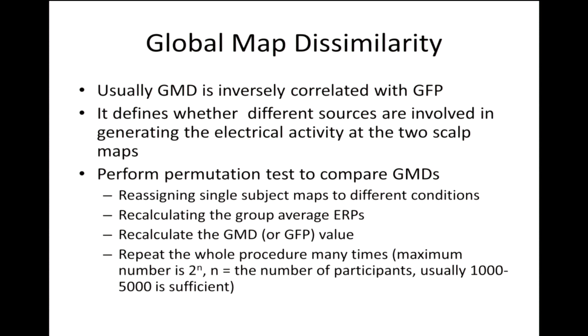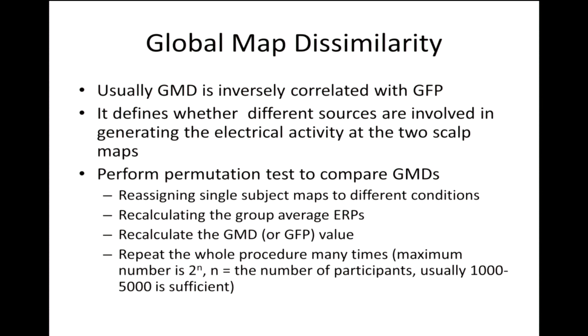You also have your actual raw data. What is the actual GFP difference or GMD difference for your raw data, and then you simply calculate the exact probability. You have 5,000 values from the shuffling, where your null hypothesis is that the two conditions don't differ.